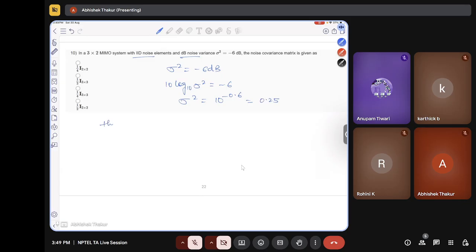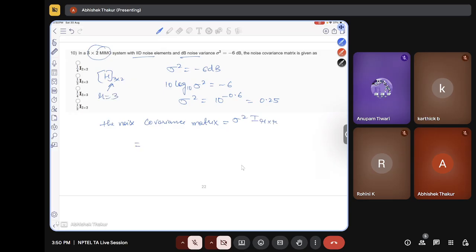So the noise covariance matrix is given as sigma square I r cross r. And this is a 3 cross 2 MIMO system, so R is equal to 3 here.